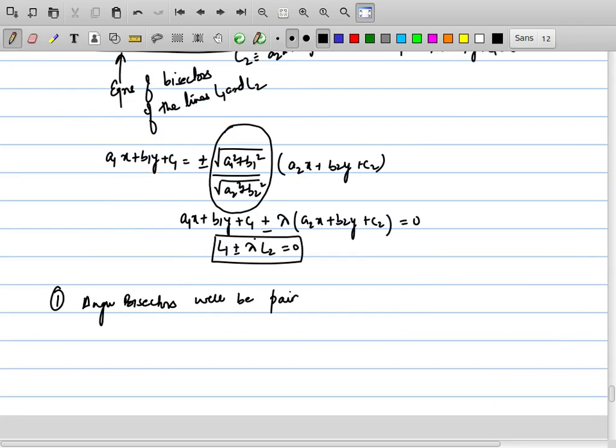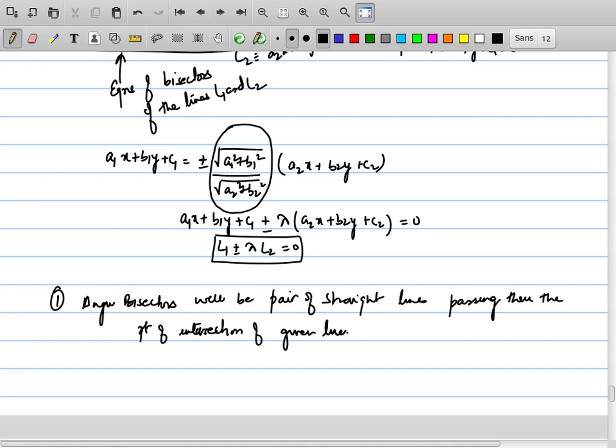Why a pair of lines? Because there are two lines. One we will take with positive sign and then we will solve it with negative sign. It is a pair of straight lines passing through the point of intersection of the given lines L1 and L2. This is point number 1.